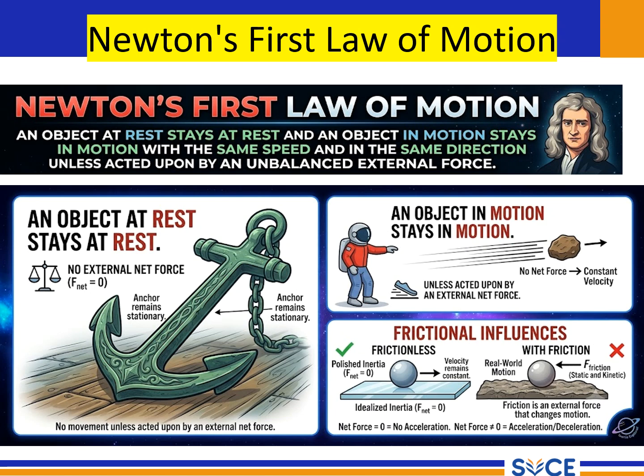So you can see that an object at rest will continue to be at rest unless it is acted upon by an external force. Similarly, when an object is in motion, it will stay in motion unless acted upon by some other force.